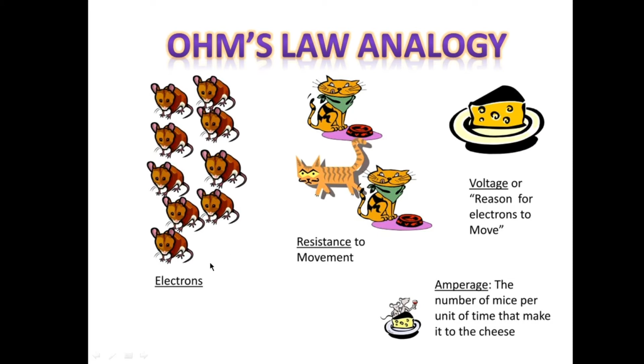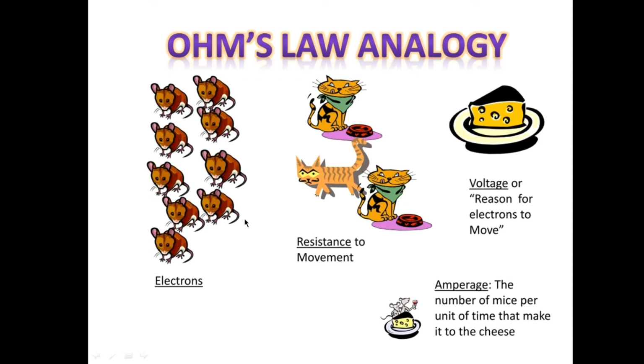The rats want to move towards the cheese, but they have an obstacle in the middle, the cats. So whenever the electron wants to flow in the circuit, they have an opposition, which is called resistance, which restricts their movement.